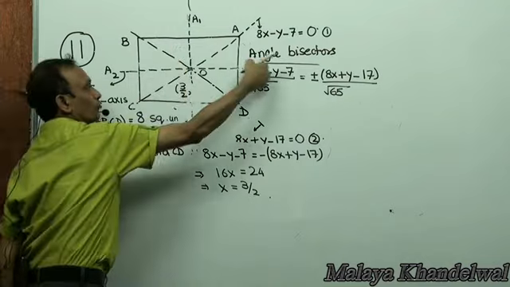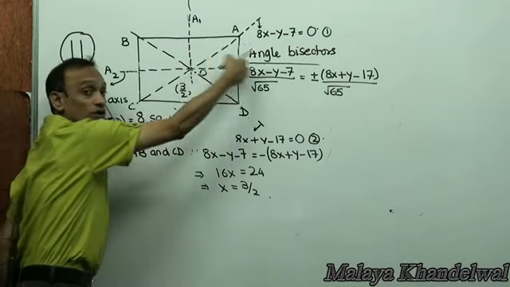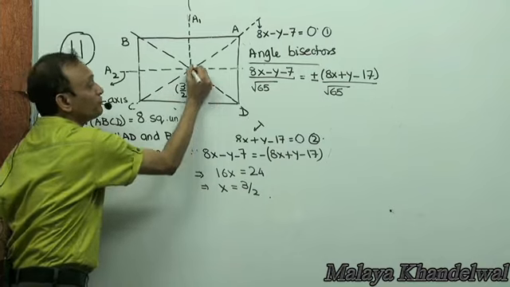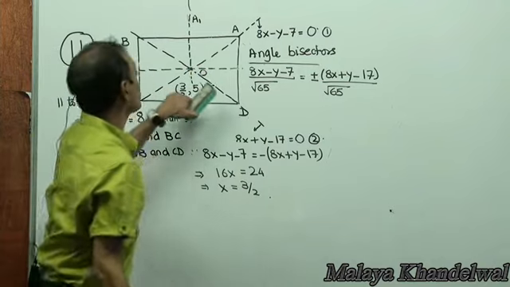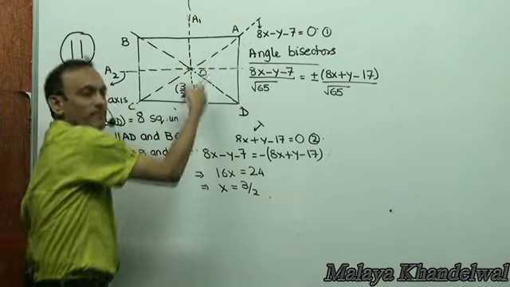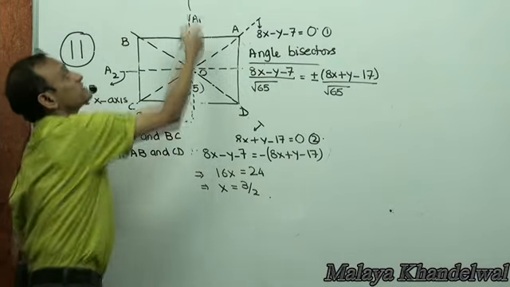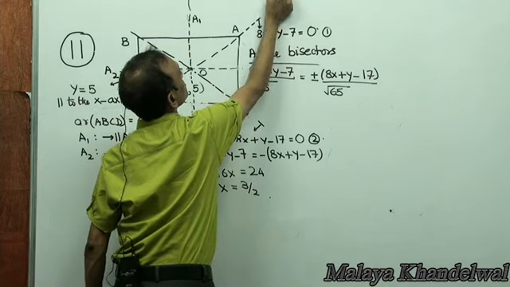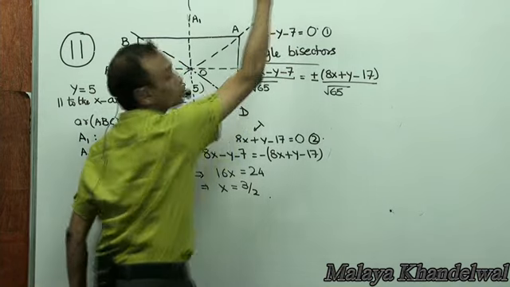The y coordinate of O would be 5, because it lies on the line y equal to 5. So the point of intersection of the two diagonals would be (3/2, 5), and the angle bisector A1, x equal to 3 by 2, is parallel to the y-axis.